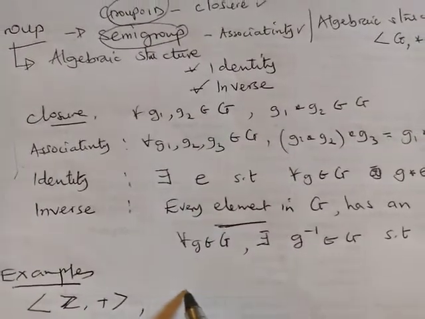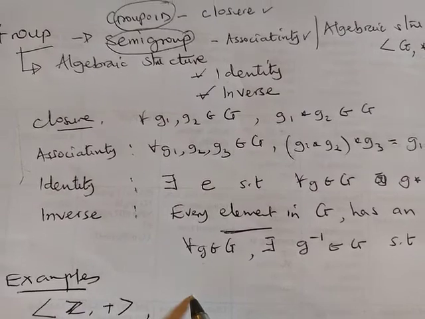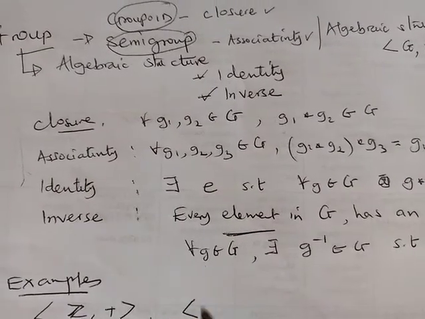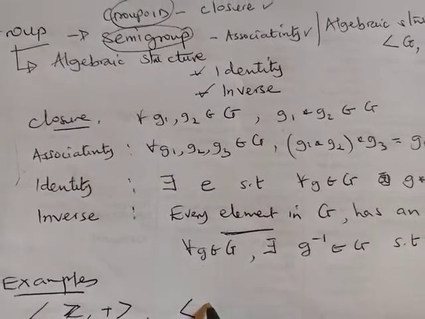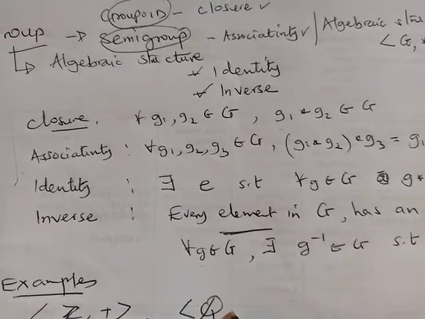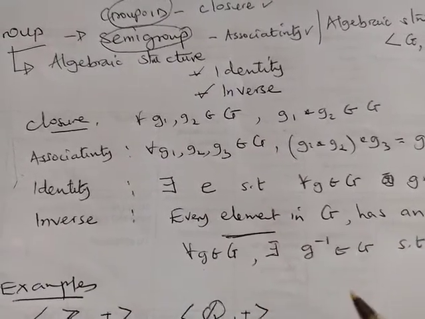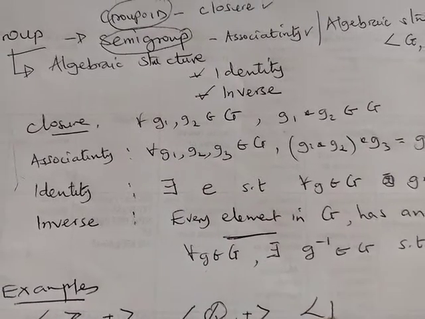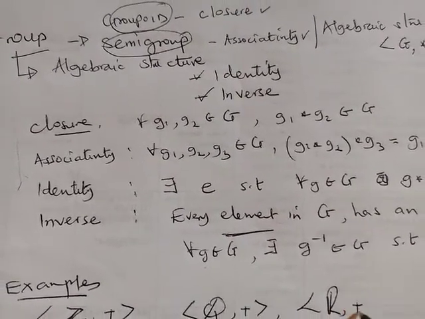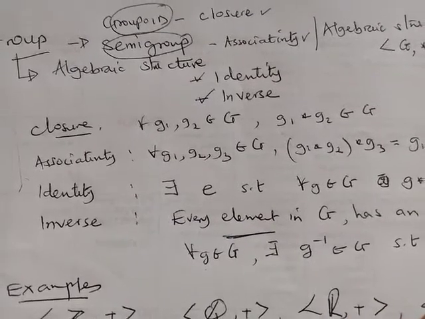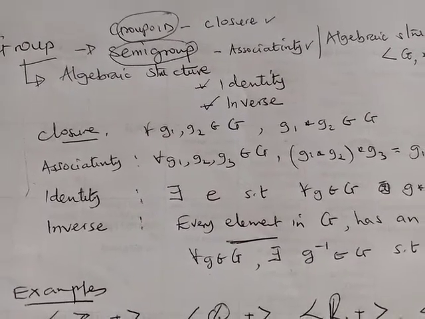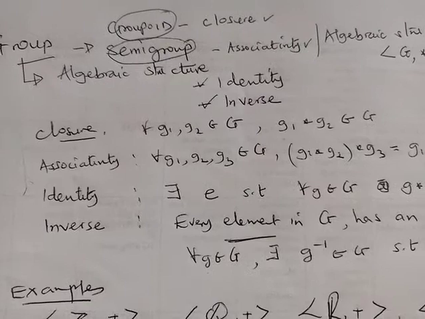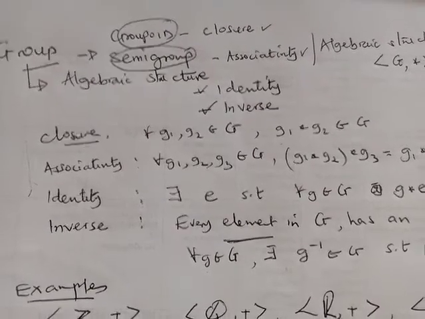Another one is the rational numbers and addition, the real numbers and addition, and also the complex numbers and addition.